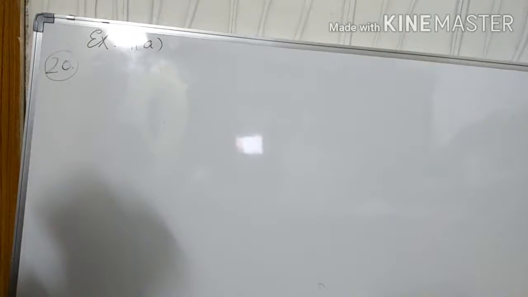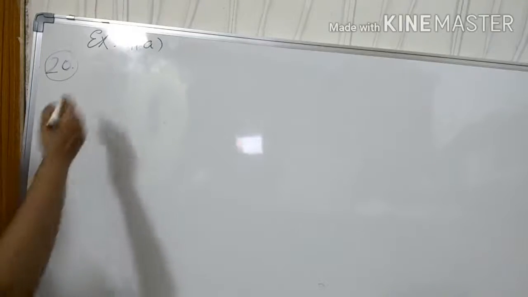Now let us start the next question, question number 20. I am reading question 20. The four angles of a quadrilateral form an AP. If the sum of the first three angles is twice the fourth angle, then find all the angles. So first of all it is given that the four angles are forming an AP.